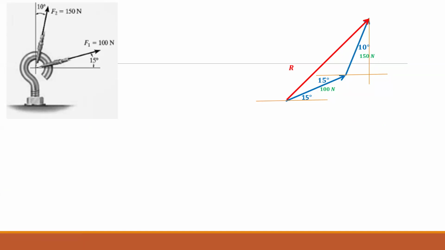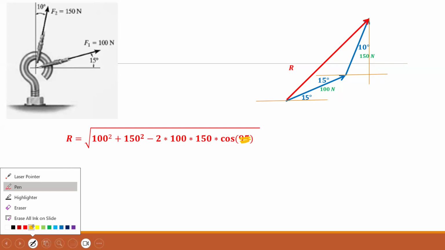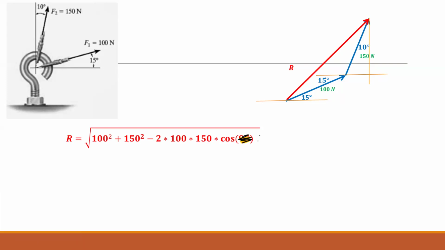I have done something wrong here. So this is 150. So my answers are wrong. So we have to calculate and see. So you can now write the cosine rule: 100 squared plus 150 squared minus 2 times 100 times 150 times cos 150. So let me check.